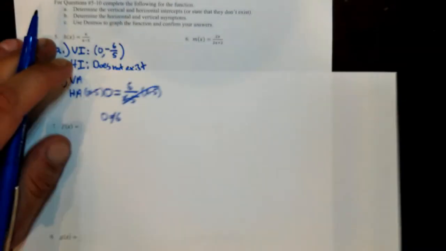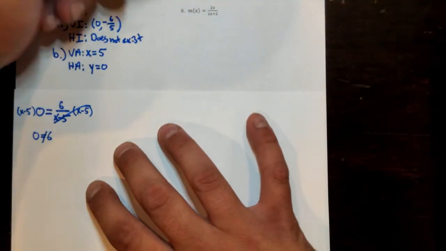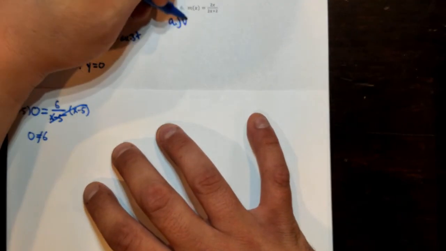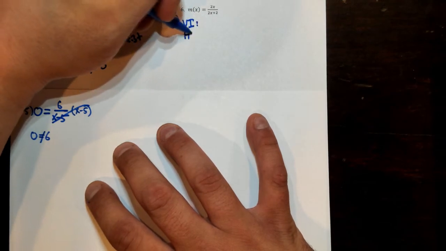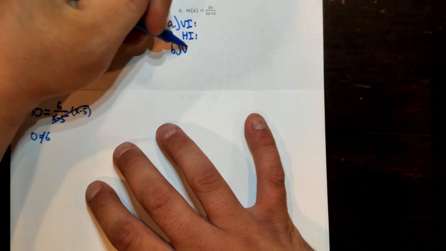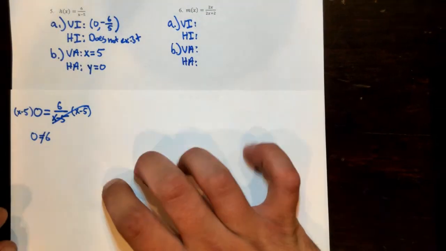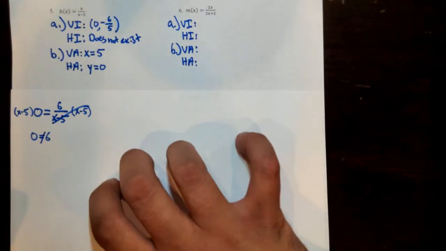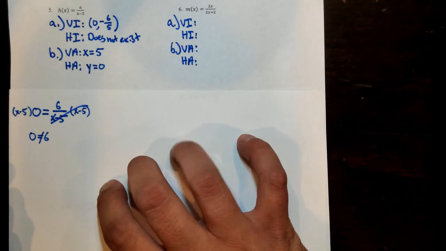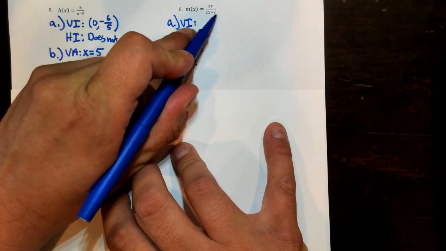All right. Let's go on to 6. So again, we're looking for the vertical intercept and the horizontal intercept, and the vertical asymptote and the horizontal asymptote. All right, so for the vertical intercept, let's plug in 0 for x and see what we get. If you do that, don't you see the top is 0 and the bottom is 2?